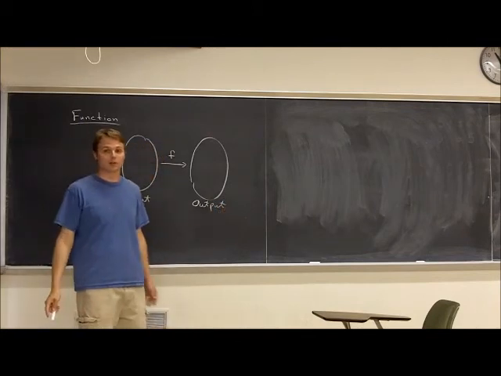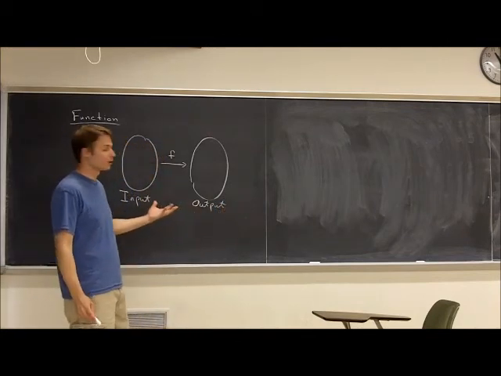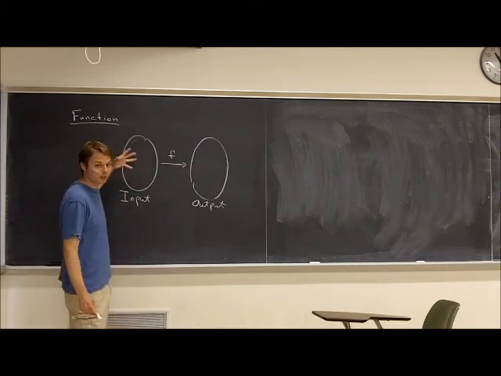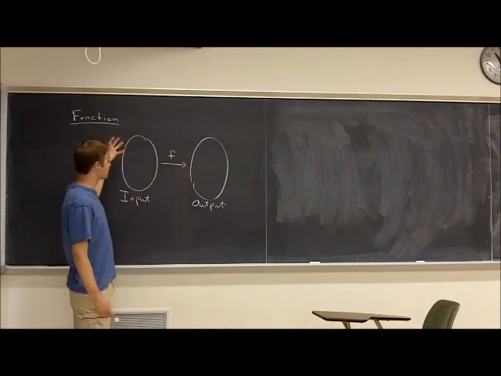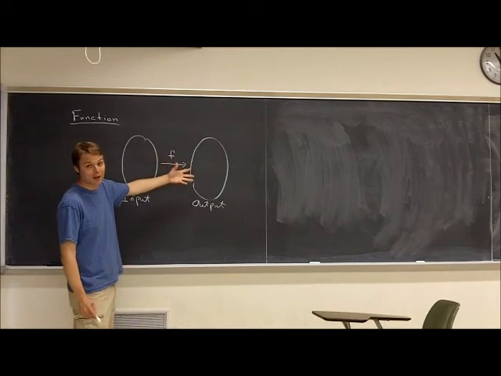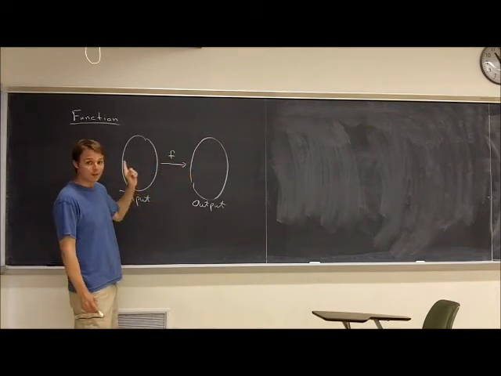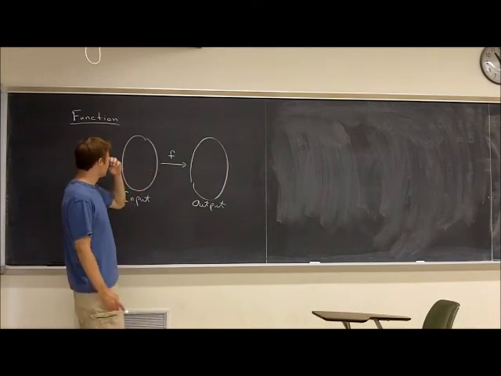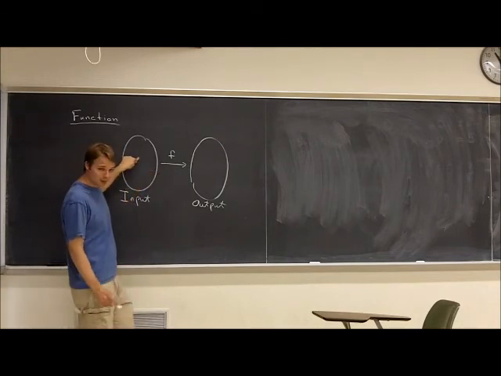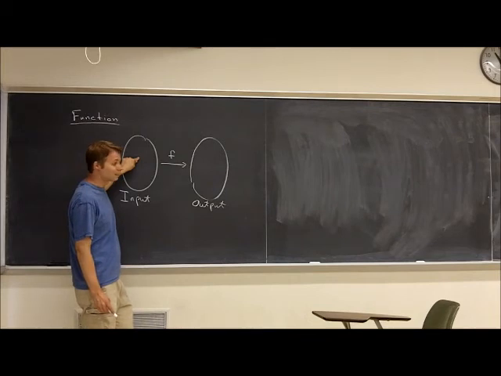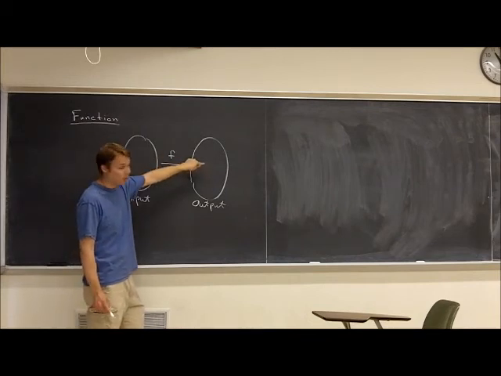And of course in this algebra class we'll be doing a lot of work with expressions and numbers, so a lot of our input will be numbers and our output will be numbers. Our input will be some kind of expression, and our output will be some kind of expression as well. Now the key thing about a function though is that for every input that I put in, I can only get exactly one output.